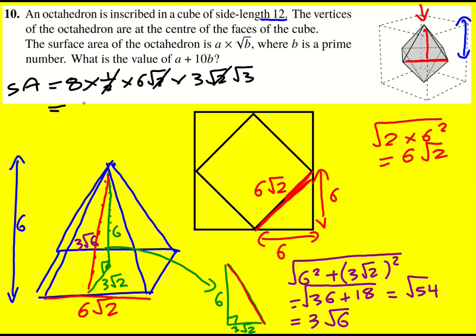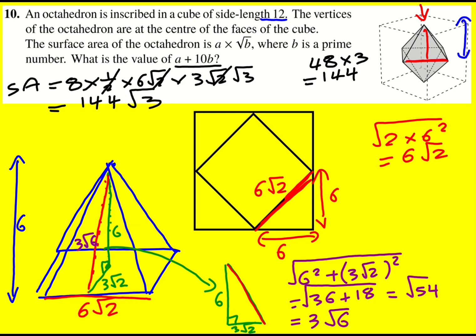That leaves me 8 times 6 times 3. So that is 48 times 3, that's going to be 144. So 144 root 3.